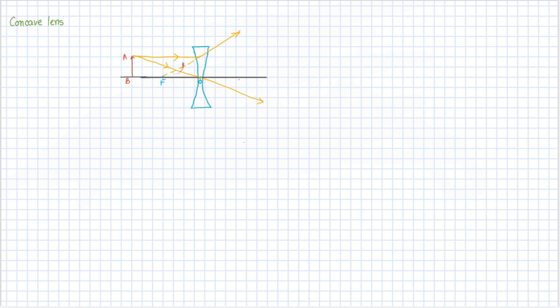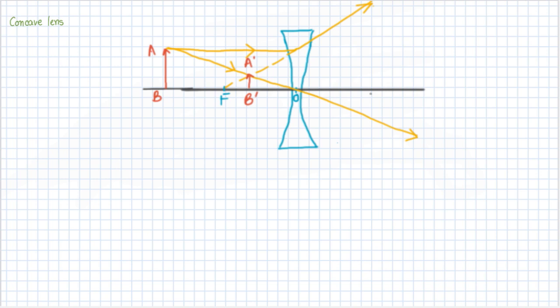At this point of intersection, an image will be formed. Let us name this image A dash and B dash. So your object AB forms a virtual image A dash B dash. Let me just make this a little bit bigger. Now, in this figure, consider your triangle AOB.